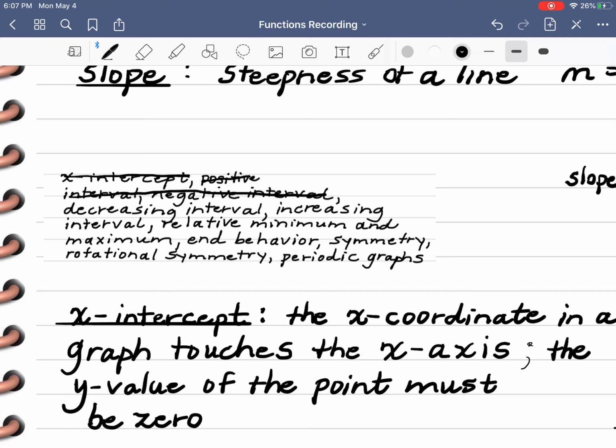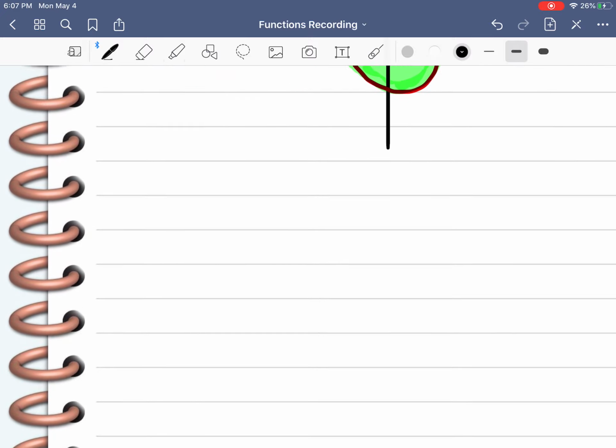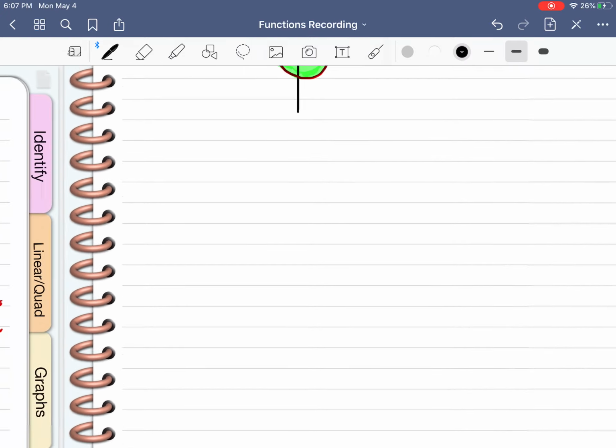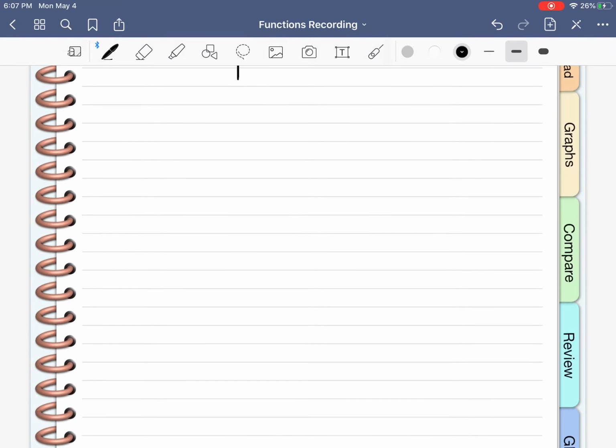Okay, let's look at decreasing interval and see if we can get a mental image of what this one looks like. A decreasing, which you know that word means it's getting smaller. The decreasing section is going to be values of x.